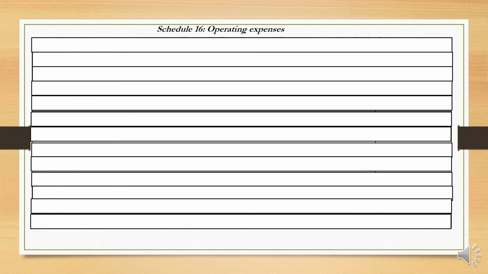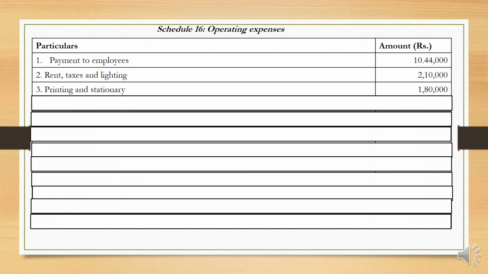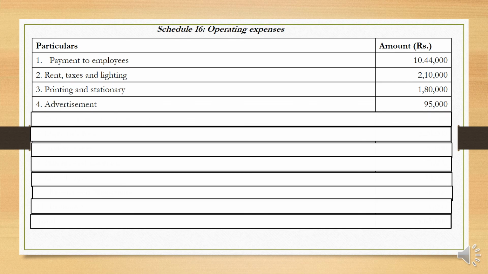Schedule number 16 deals with the operating expenses. You know what items come under operating expenses. Now let us discuss them one by one. The first one is payment to employees, the amount is 10,44,000. Then rent, taxes and lightings 2,10,000. Then printing and stationery 1,80,000. Next is advertisement 95,000.